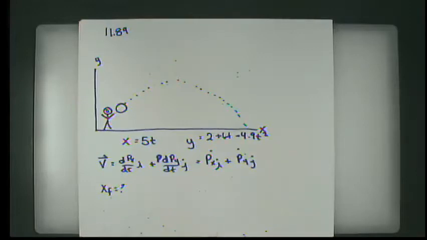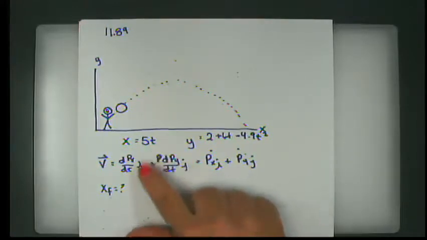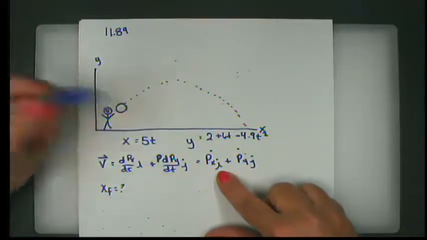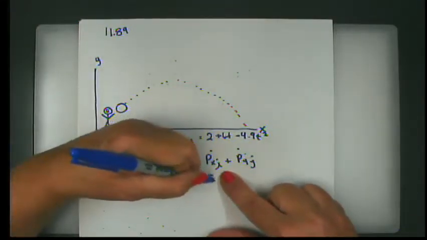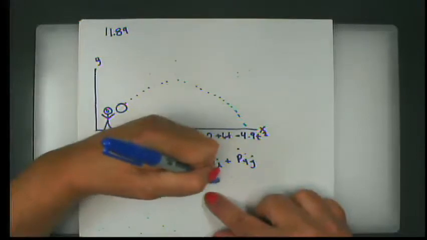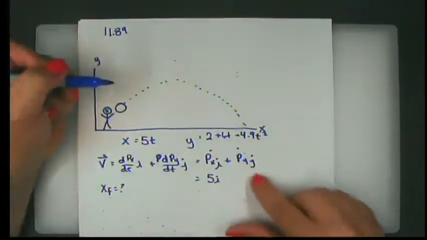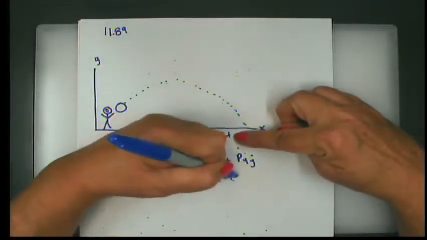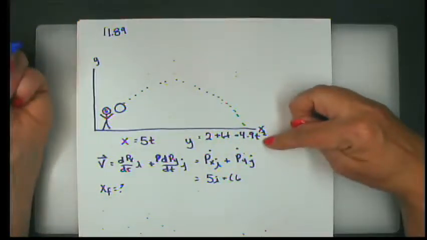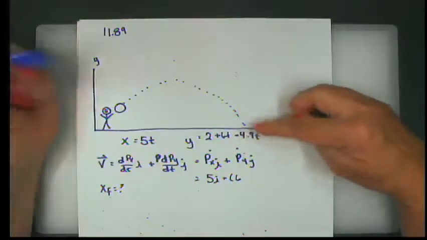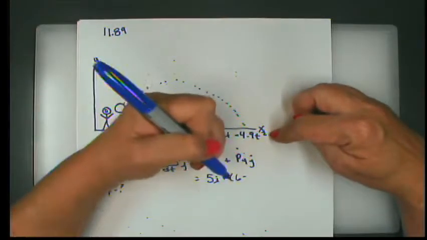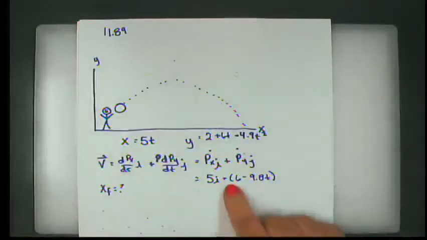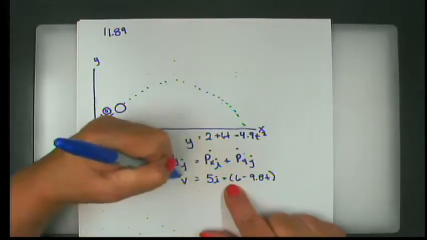All right. So here's my x. My P sub x dot is just going to be the first derivative of that with respect to time. 5t differentiated is just 5, so it's 5i. For P sub y, differentiated, the 2 goes away. We have 6 minus 4.9 times 2, which is negative 9.8t. So this is my velocity function.